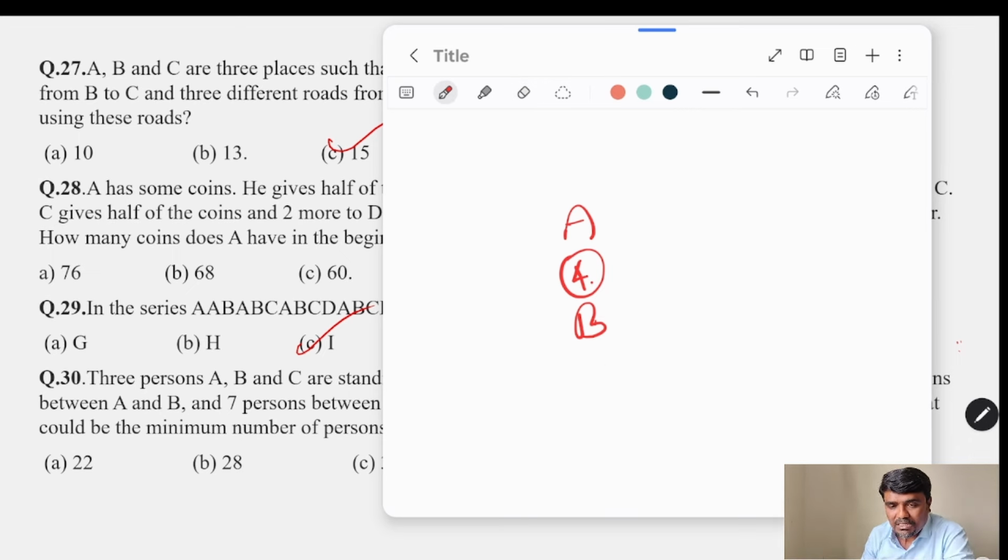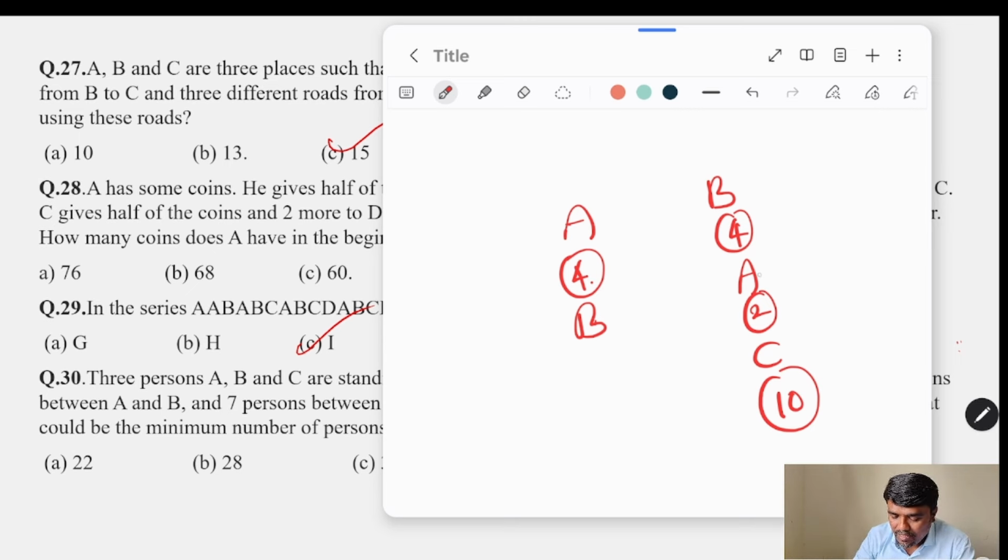So what might be the other possibility? It is given between, not mentioned who is above, who is below. So I will try to write in this way. B is above, A is below, here 4. Behind him, 13 persons are there. And B and C, here C. All conditions are satisfied.